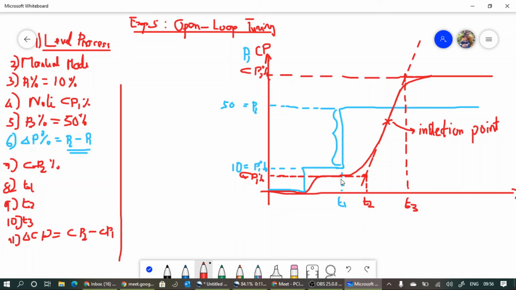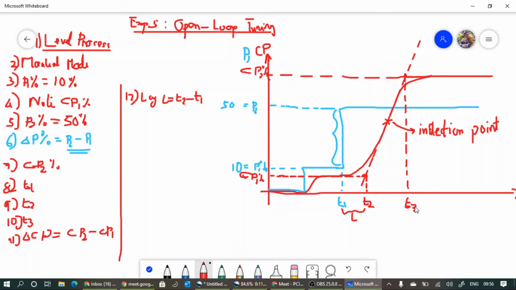You can see that from T1 to T2, the response of the process is negligible. So we can call it the lag. So lag L is equal to T2 minus T1.